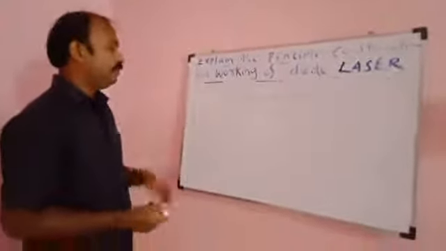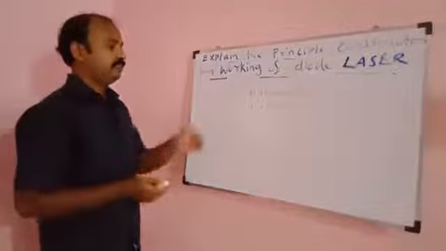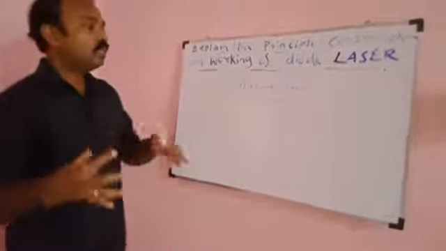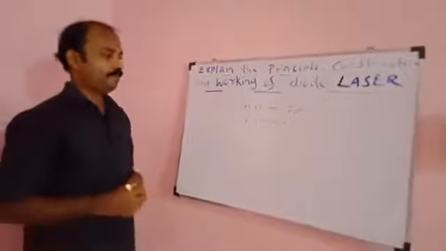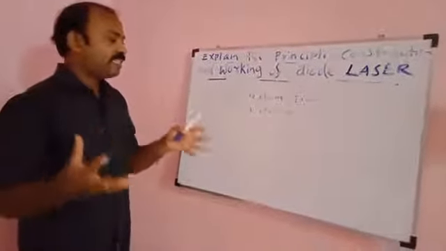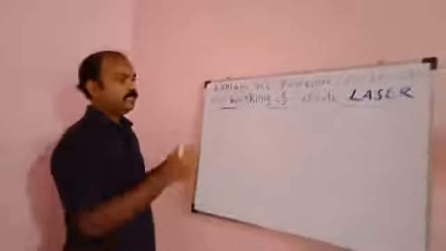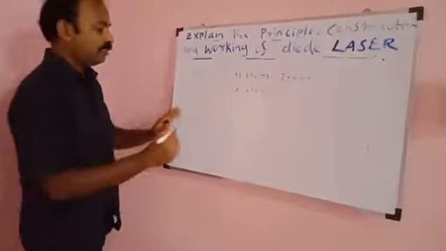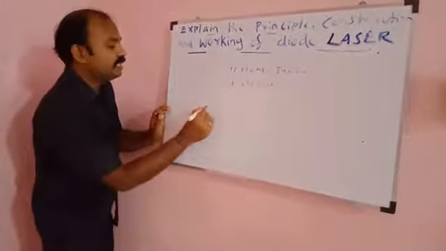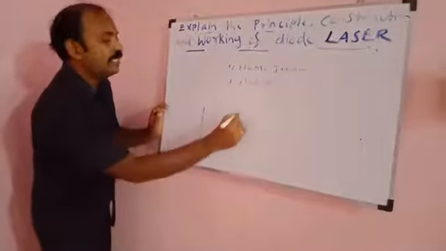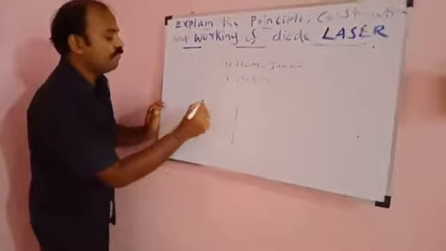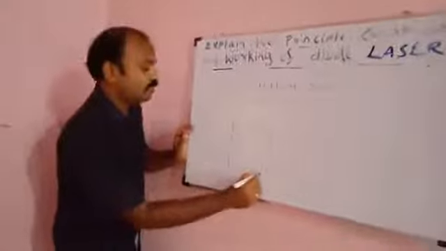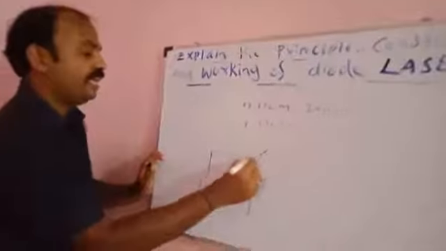Further, we move to the heterojunction diode laser in detail. Now the construction of the heterojunction diode laser. You see about the construction. This heterojunction diode laser consists of five layers.